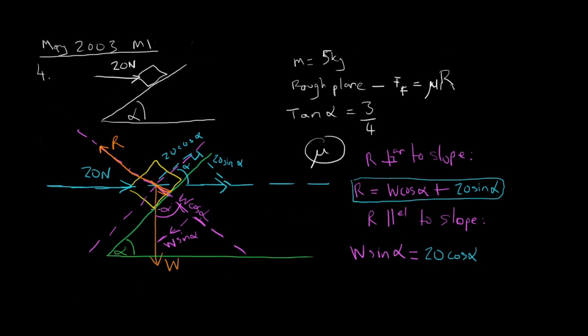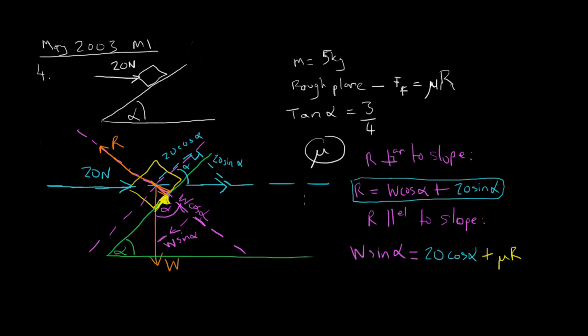And the friction is going to act always along the slope, so we don't need to resolve the friction at all. We can just write down the force for the friction straight away, and that friction there is going to be equal to, as we said before, the force of friction is mu R. So that's going to add to the 20 newtons pushing it up along the cos of alpha, and these two together are going to have to equal W sine alpha, because it's on the point of moving.